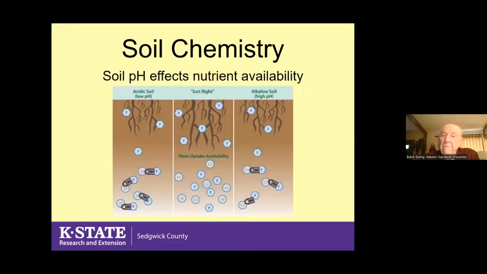So what happens is at higher or lower pHs, some of those nutrients that our plants need get bound up with other things and become unavailable to our plants. It's not because the nutrient isn't in the soil, it's because it has become bound up with something else and is no longer available.